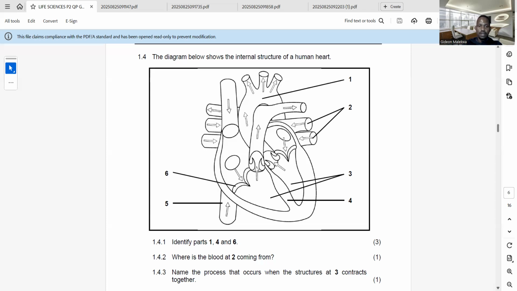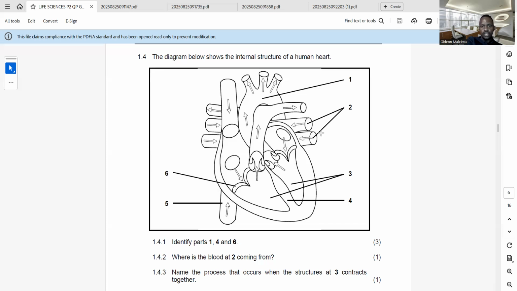1.4.2, where is blood at 2 coming from? If we look at part 2, I did explain it a little bit. Here we've got 3 of these. There are 2 which are bringing blood to the heart, and one of them is labeled 2. Right on top of it, we've got 1 carrying blood away from it.